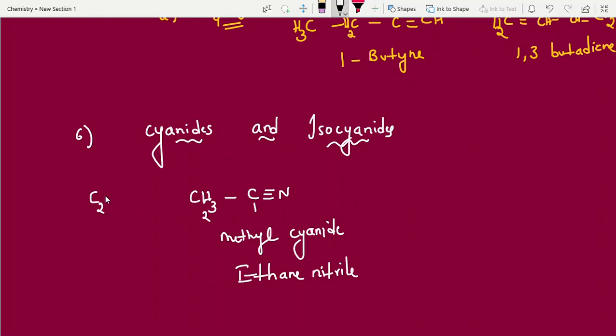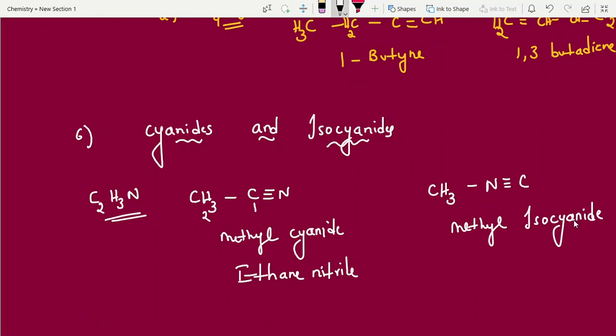C2H3N. With the same molecular formula you can write isocyanide: CH3, N triple bond C, just reverse, that is isocyanide. This is methyl isocyanide, CH3, N triple bond C, right?